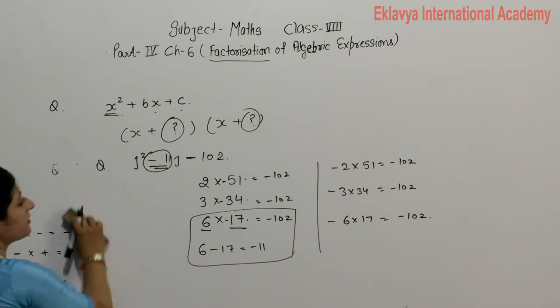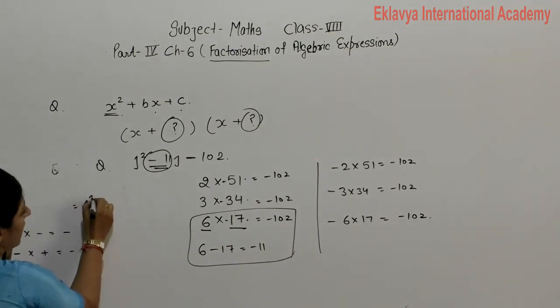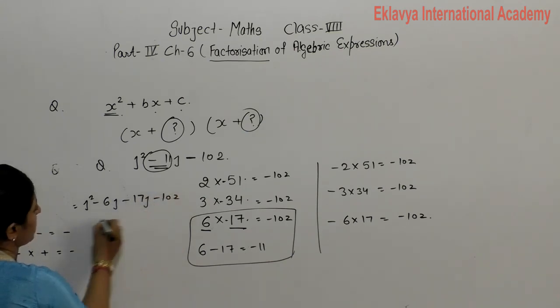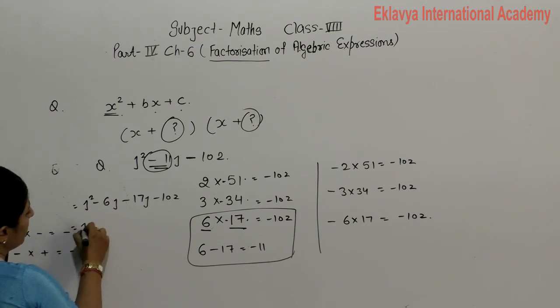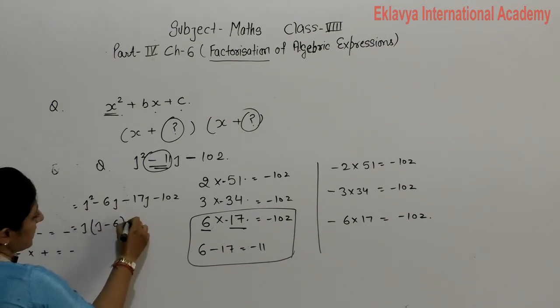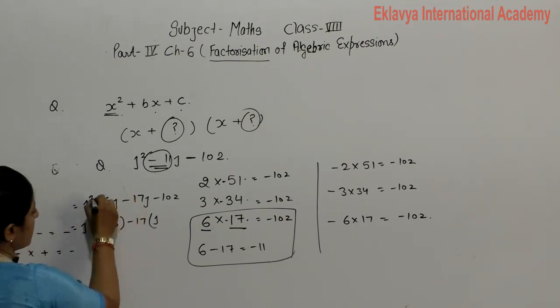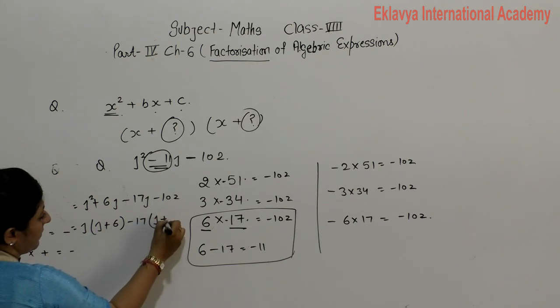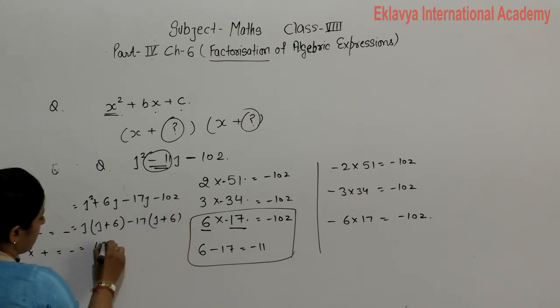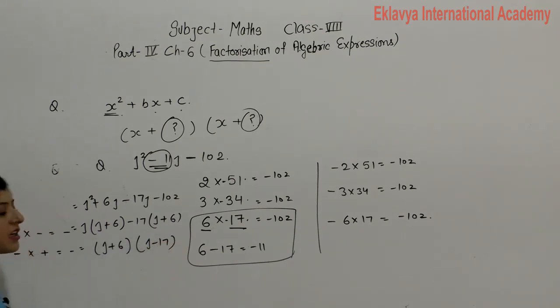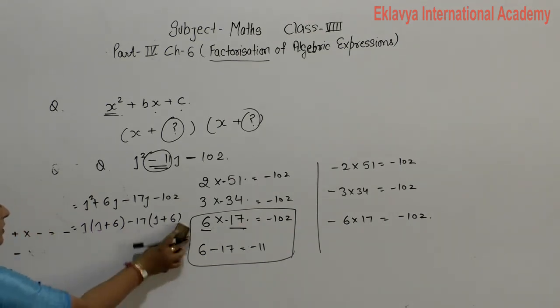Now solve this: j square minus 6j minus 17j minus 102. j common, remaining j minus 6, minus 17 common, j plus 6, then this becomes j plus 6 into j minus 17. This is our answer.